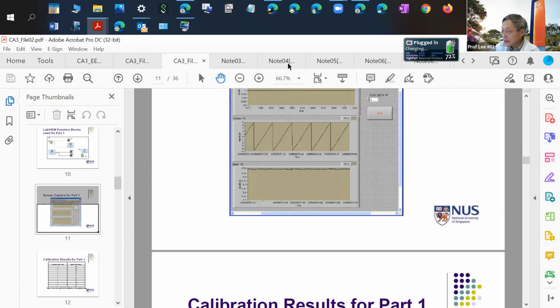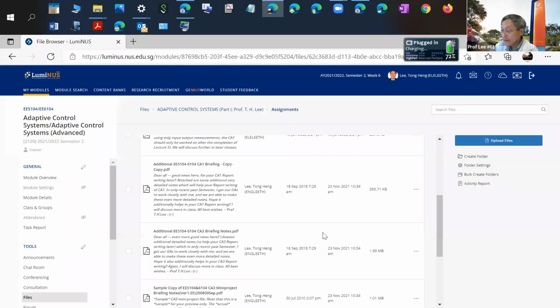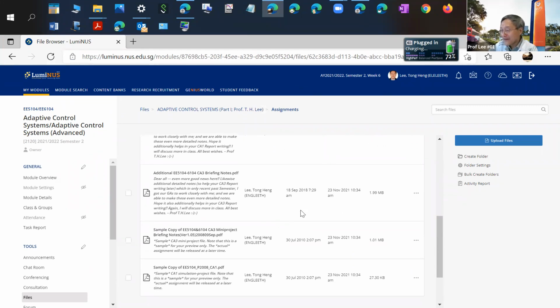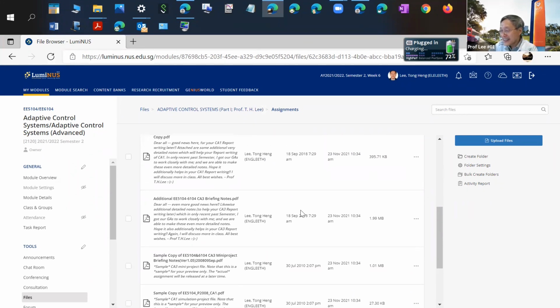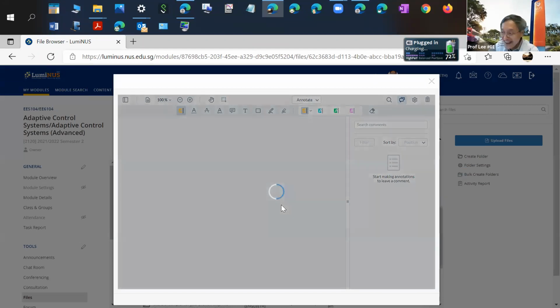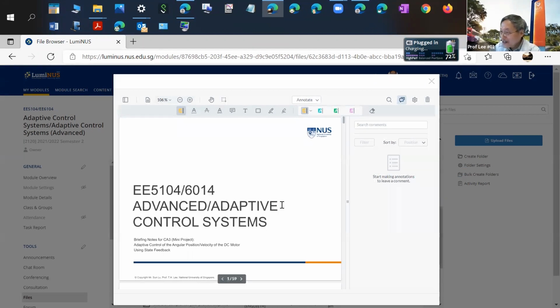Similarly, as I also told everyone in the first class, I'm not leaving you alone. Just as for CA1, I have detailed guiding notes by Dr. Sun Lu to assist you. Similarly for CA3, I also asked Sun Lu to go on further and write up the detailed guiding notes.